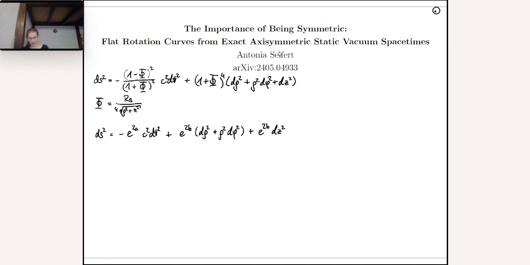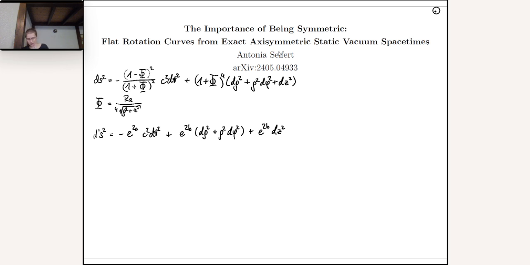So for suitable B and A, these line elements agree. And from this one we see that this spacetime is static, and this is why it is diagonal. We don't have any off-diagonal components, and it is spherically symmetric, having the same coefficients here and here. It is, as a spherically symmetric spacetime, also axisymmetric.